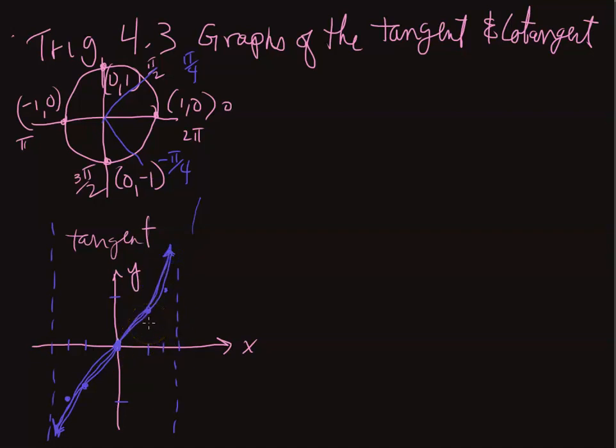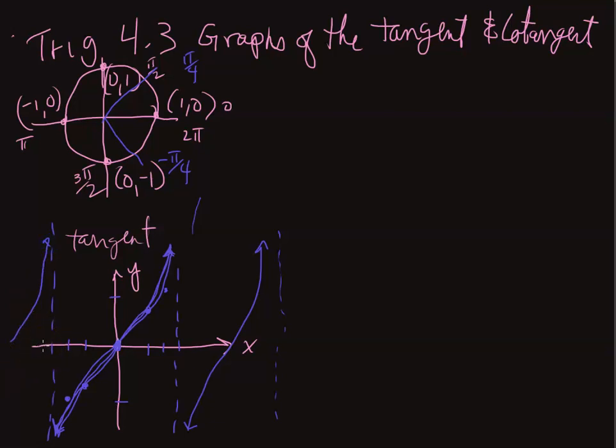Looks sort of like that. Once you get past the pi over 2, then you start this over again. It starts down here and goes up until it hits the next asymptote. Before that, it started down and goes up. There's an asymptote to the left.